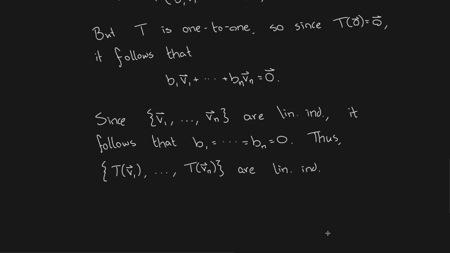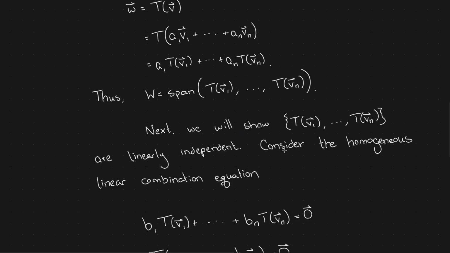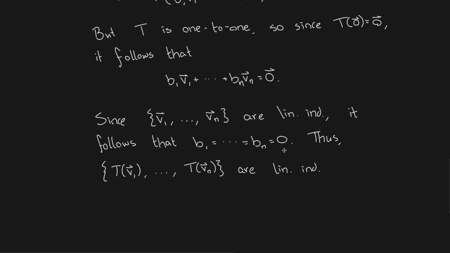Okay, so we proved the two things we really needed to prove here. We've showed that these vectors span the entire codomain W, and that the set of vectors is linearly independent.